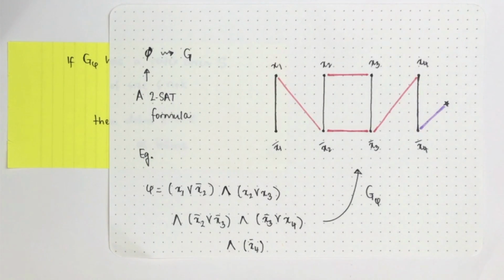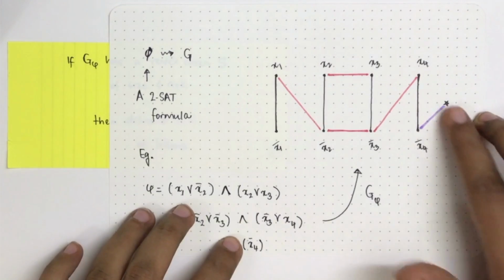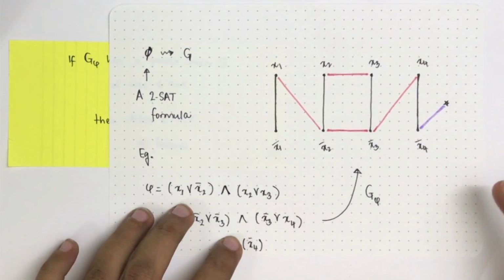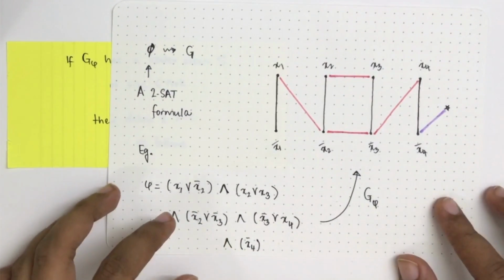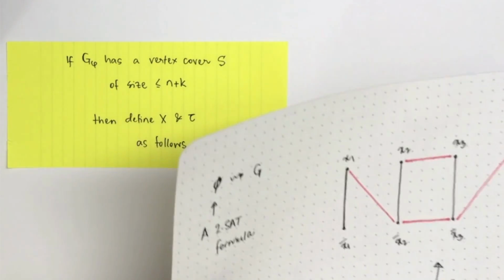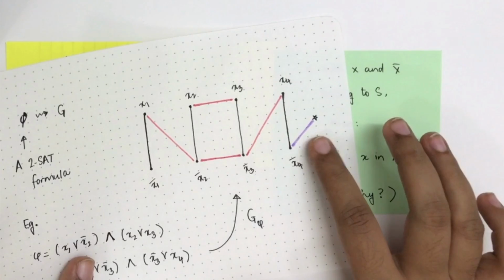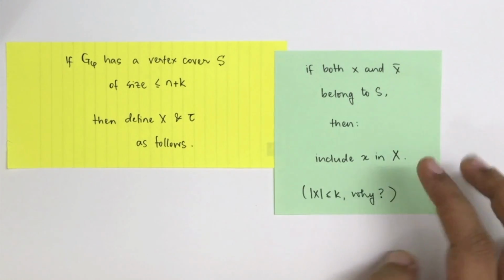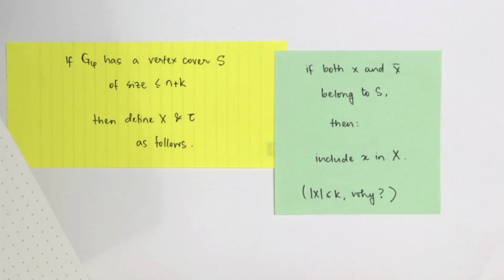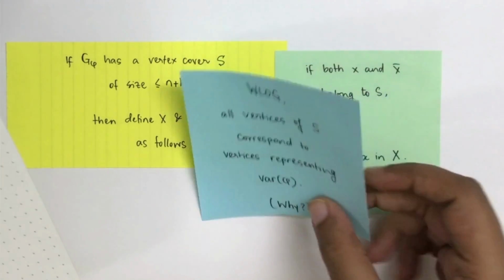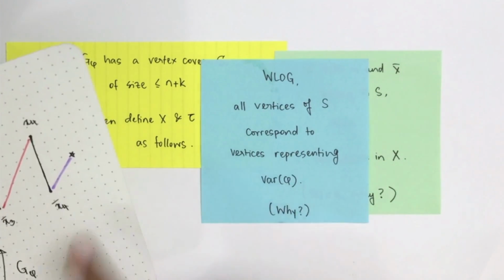Now you might of course say, what about these degree 1 vertices that we added that don't correspond to any variable? But again, because of our discussion about the degree 1 reduction rule, we know that we can always assume that we are working with a vertex cover that doesn't involve any of the degree 1 vertices.